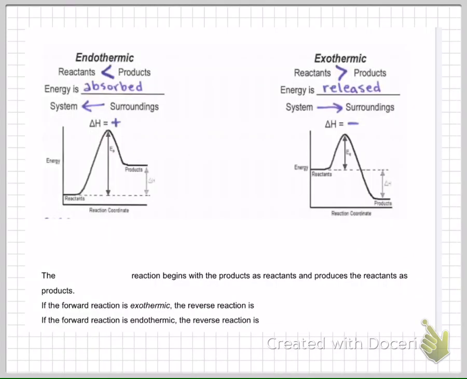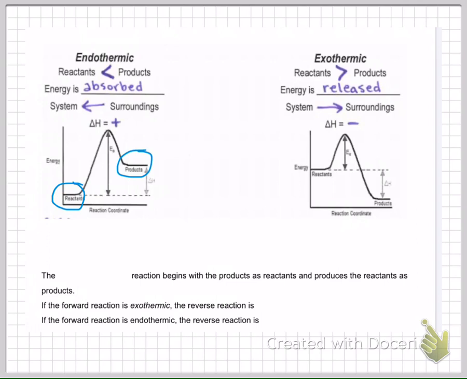So energy diagrams can look one of two ways. Either your reactants are low in energy and your products are high in energy, which means that energy is absorbed in this case, if the reactants have less energy than the products.